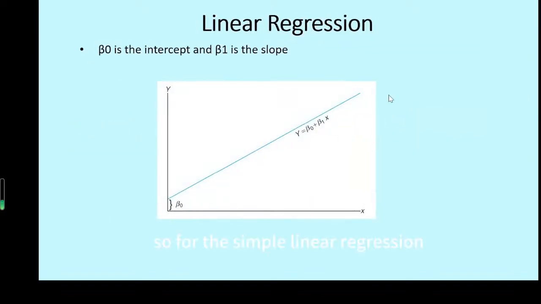For simple linear regression, we can use a straight line in two-dimensional space to depict the relationship between x and y. This is the beta 0 parameter for the intercept, and beta 1 is the slope of this line.